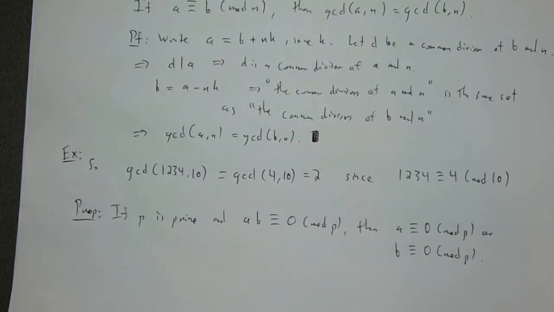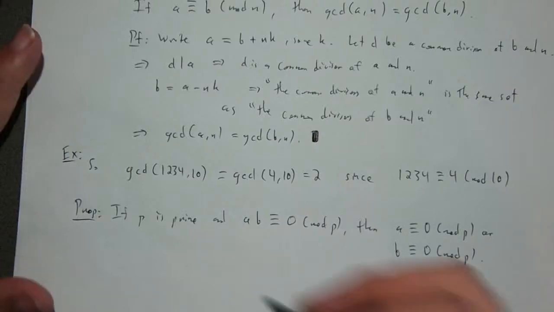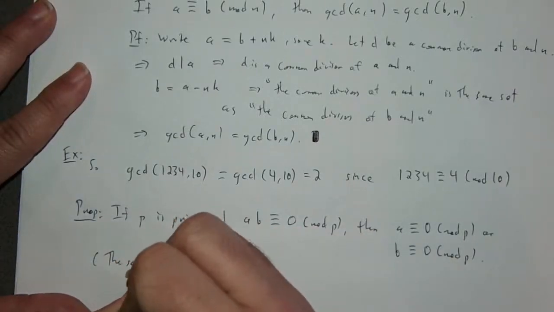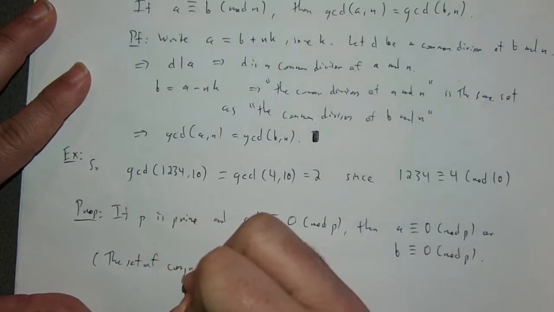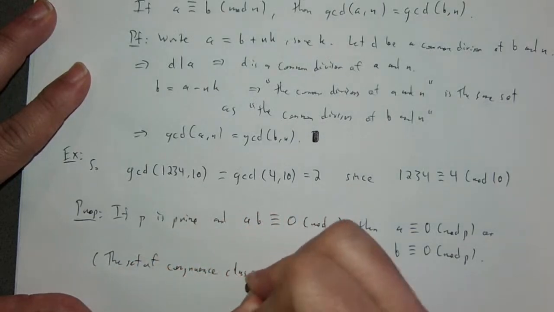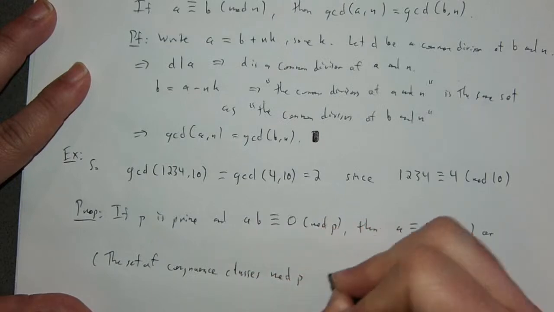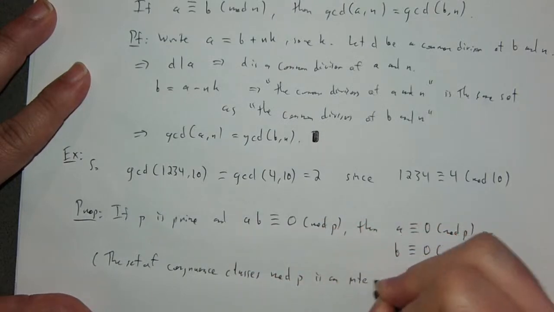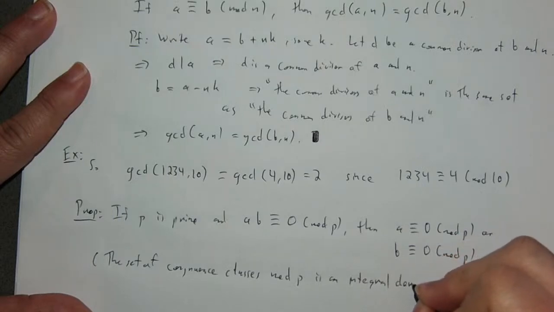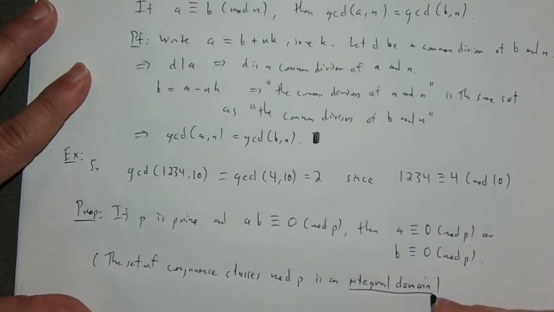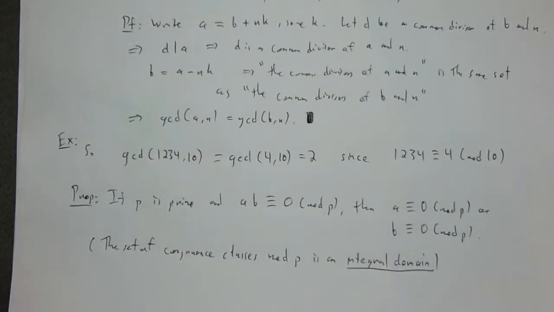This is a statement that if you consider the set of congruence classes mod P with the obvious plus and times, this is an integral domain. If you're familiar with that terminology, that is what's being said here.